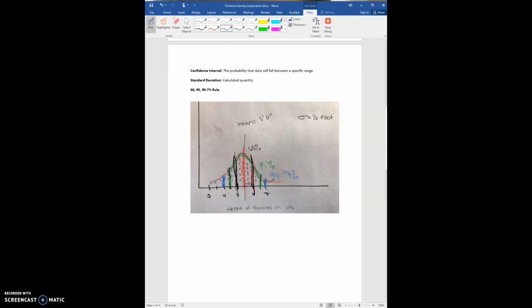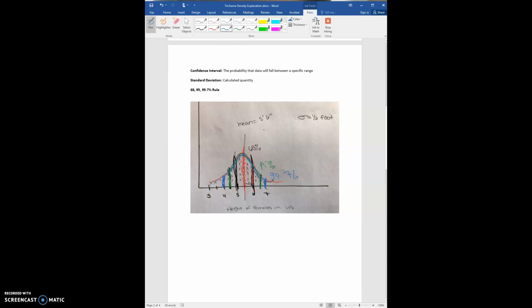If you were to walk down the street and find the height of a random female, there's a 99.7% chance that she's going to be within the range of 4 feet and 7 feet. Do we have some random outliers? Is there a 0.3% chance that they might be below 4 feet or above 7 feet? Yes. But most of our data is going to be within this range, our 99.7, or within our 3 confidence intervals.